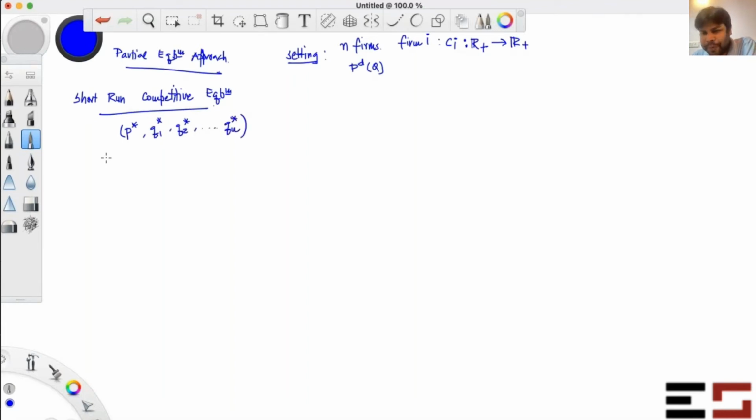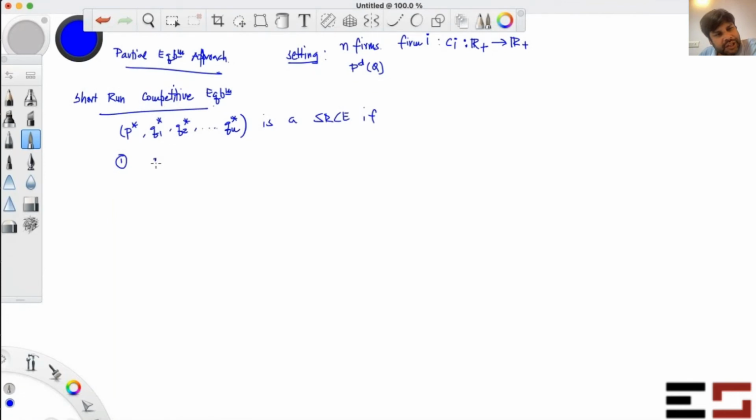This price-quantity combination is a short-run competitive equilibrium if the following holds. First, each of those price-taking firms should be maximizing their profit by choosing this quantity qi star. So each firm i chooses quantity qi and maximizes its profit at qi star, taking price p star as given.